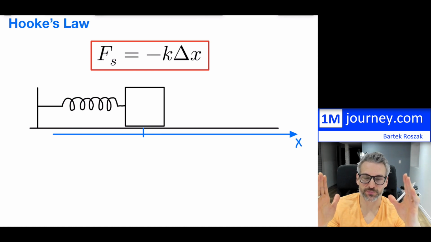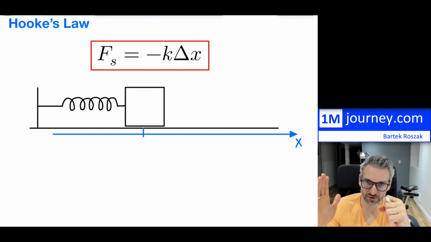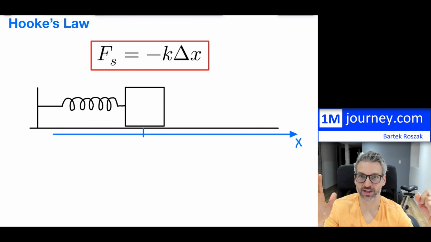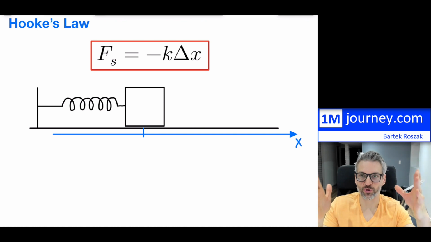If you expand it, if you take the spring and start to extend it a bit, again, you will notice that the spring will pull back and want to once again return to its normal position, its normal size.